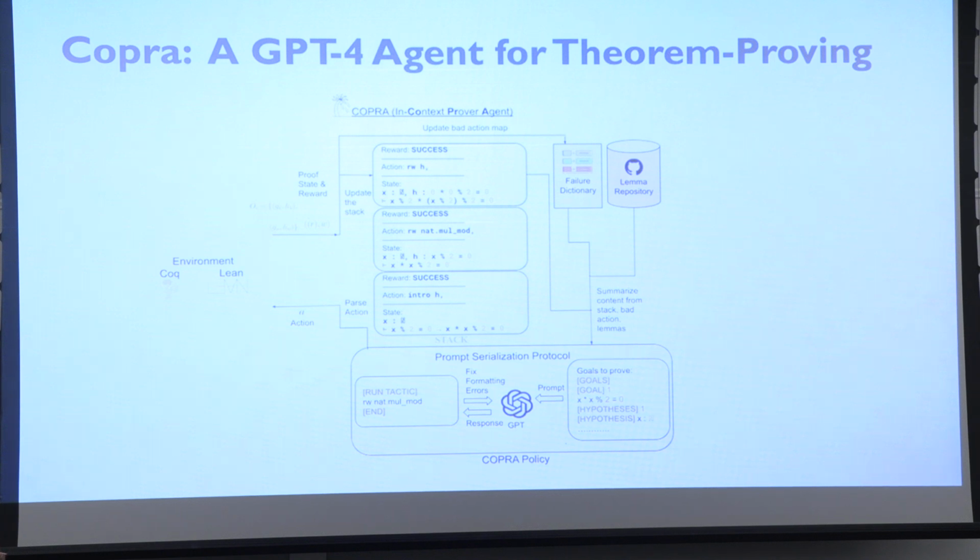So the LLM is deciding what are the tactics you are going to apply at every state, and it's also deciding what sort of retrieval query to issue. But then you are getting back a bunch of information from the external world, and also you're selecting a tactic, and then you're executing it in the underlying world, and then you're getting back feedback from the underlying world, which is the Lean or Coq environment, and you are repeating this process.